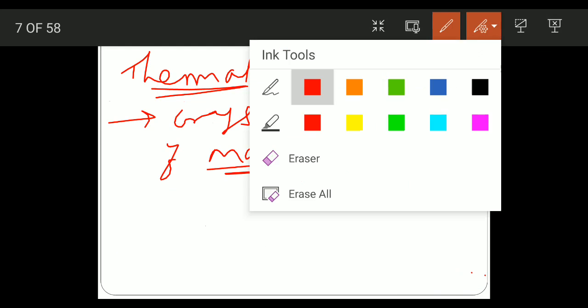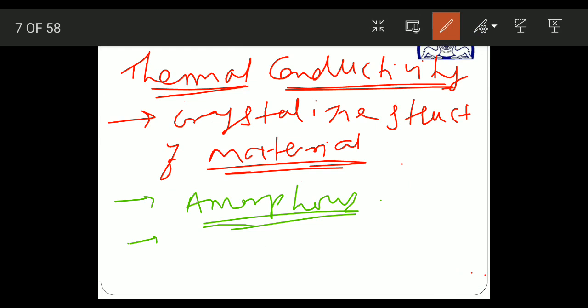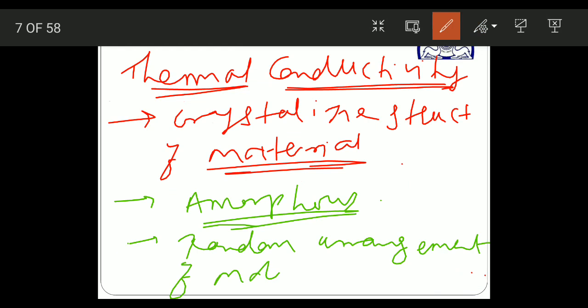Now what happens in metals and non-metals, or in liquids and solids? The structure is amorphous in solids and liquids. That means whatever molecules are available in the structure of the metals and non-metals, that structure is amorphous, meaning there is a random arrangement of the molecules.